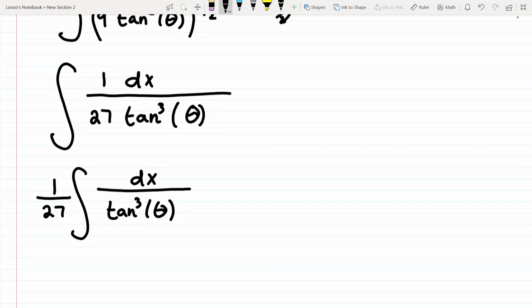Okay, so what do we do next? We have a dx and a theta, so we have to put it in terms of theta. What we know is that x equals 3/2 secant theta. Let's take the derivative of this, so this is dx over d theta.